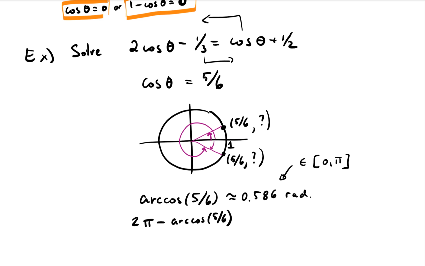If I subtract the smaller angle from 2 pi, I'm going to get this larger angle here. So what is that? Let's calculate this. So that's roughly 5.70 radians.